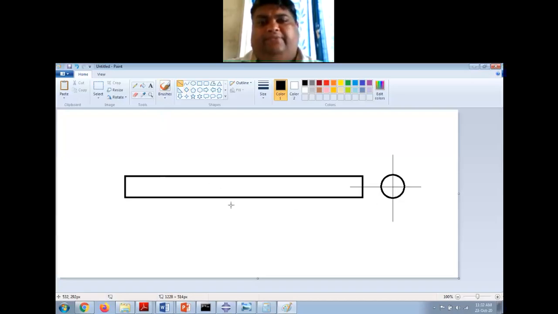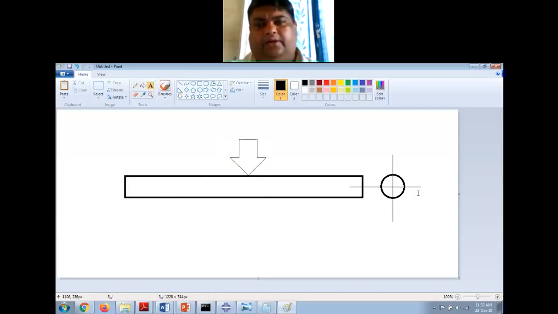Now let us say this shaft is having a certain weight. So this is like a simply supported beam with UDL, right? So that can be converted as a point load at the center, right? So let us say this is the load on the shaft.